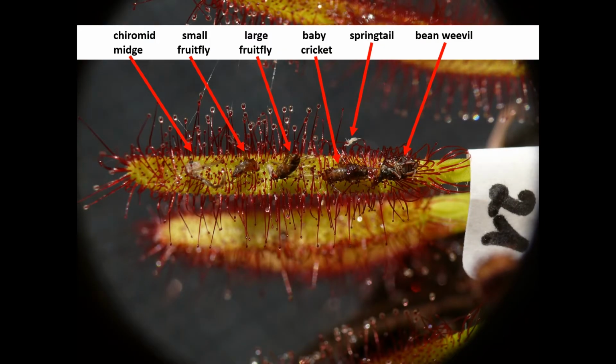So what was on the menu? We were using insects which were readily available in pet shops as food for reptiles or fish, like these midges, 2 different species of fruit fly, Drosophila melanogaster, a small fruit fly, and a larger fruit fly species, small crickets, springtails, and bean weevils. So 6 different insects. And why these very different insects?